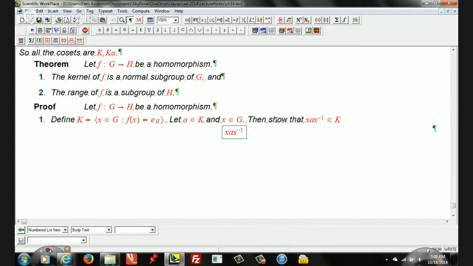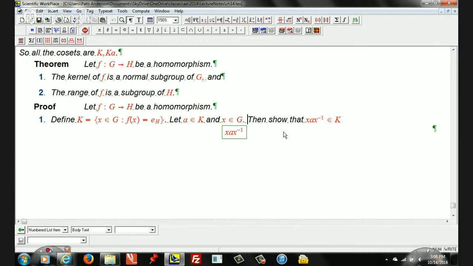How would you show the group part? If you want to show a normal group, then X, A, X inverse has to be in the subgroup that you started with. We have to show that.